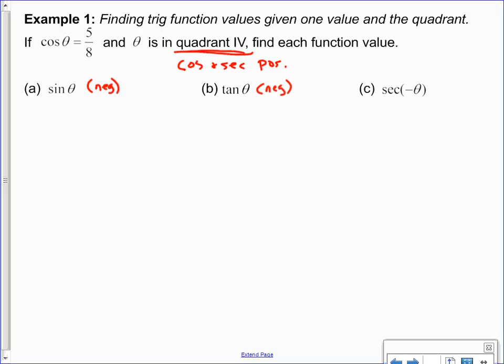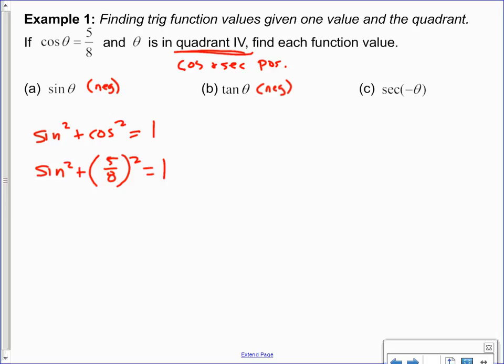Okay, here we go. Solving this without drawing a triangle. Ready? Okay. If we have cosine, we have this beautiful formula that says sine squared plus cosine squared is equal to 1. So sine squared plus (5 over 8) squared is equal to 1. True?